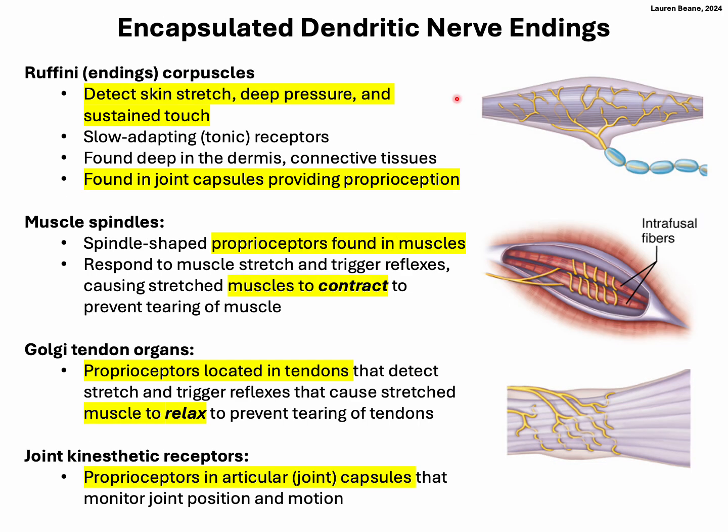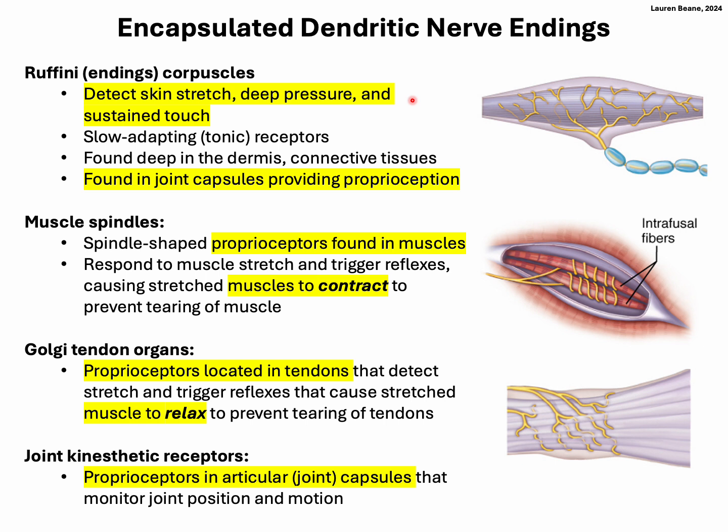Other examples of encapsulated dendritic nerve endings, we have Ruffini endings or Ruffini corpuscles. These are sensitive to skin stretch along with deep pressure and sustained touch. But skin stretch in particular, especially when our skin's being pulled abnormally, right?